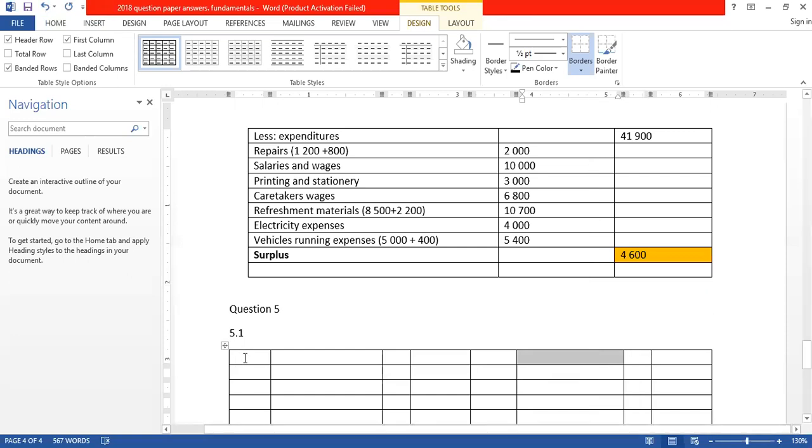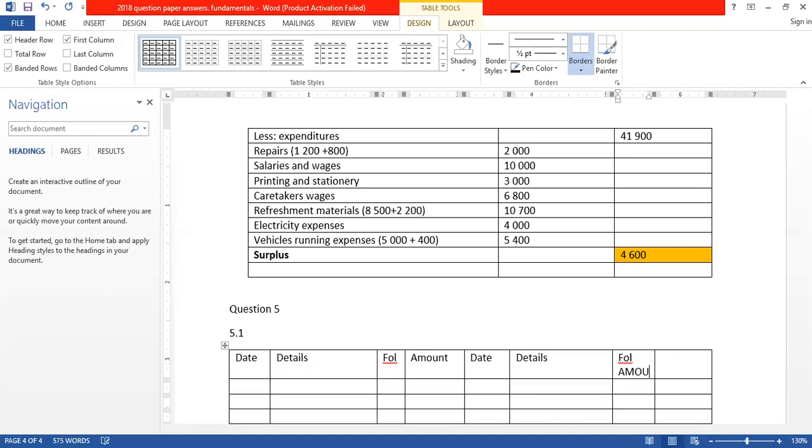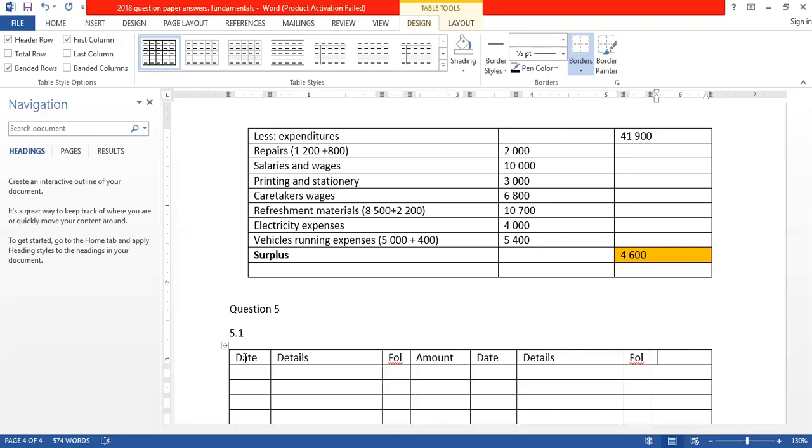Okay, so you have the date here, the details, portfolio, the amount, and the date, the details, portfolio, and then the amount.